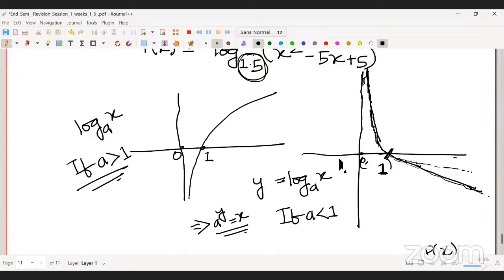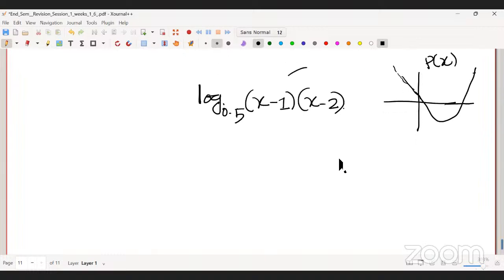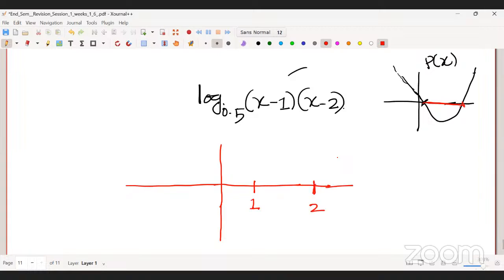So this is your domain. The part from 1 to 2 is not in the domain of your function.